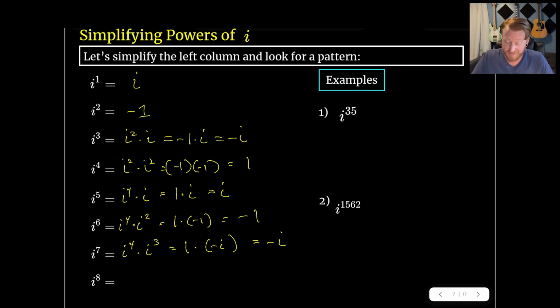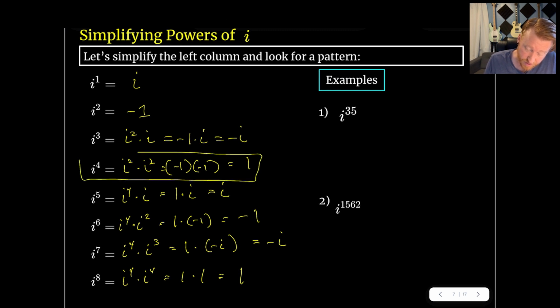So without even doing anything, we might guess that i to the 8th should also be 1. And as I mentioned before, any multiple of 4 should also give us 1 when it is a power on i. So to work this out explicitly, I could write i to the 4th times i to the 4th. And this would give me 1 times 1, which is just 1, which we saw again at i to the 4th.